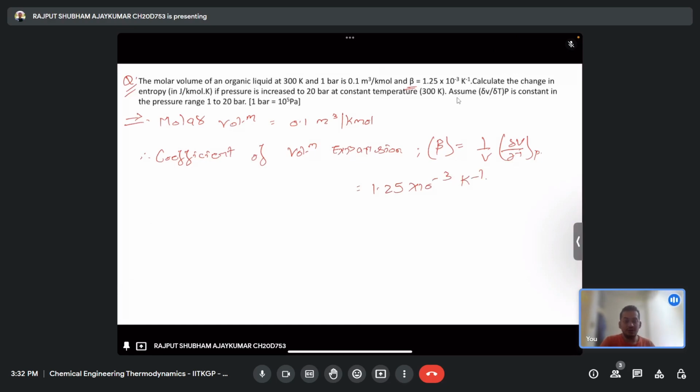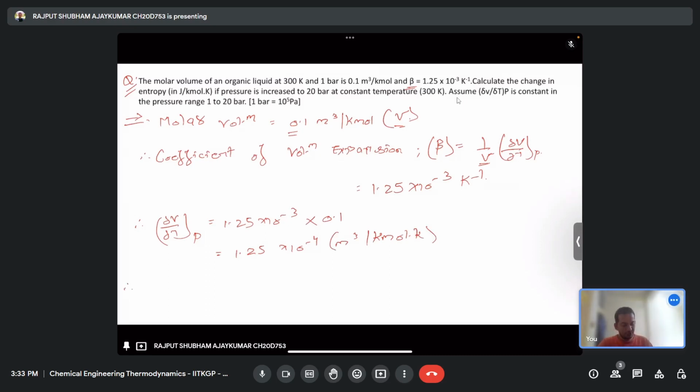So this is what we call the volume expansivity beta, or coefficient of volumetric expansion. Now since we have del V by del T at P equal to 1.25 into 10 to the minus 3 times V, and the molar volume is given to us, we multiply it with this, and it comes out to 0.1. So this is 1.25 into 10 to the minus 4 meter cube per kilomole Kelvin.